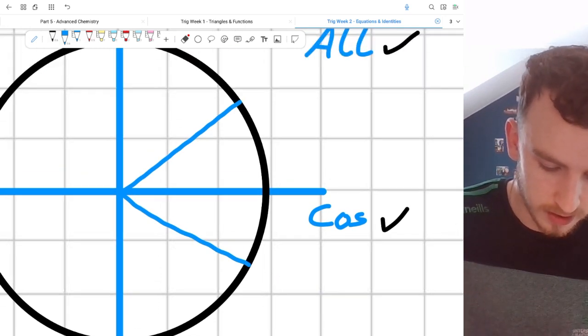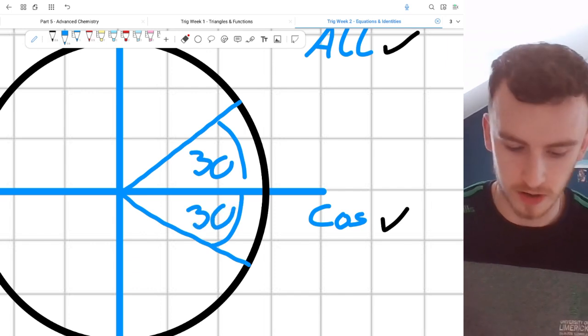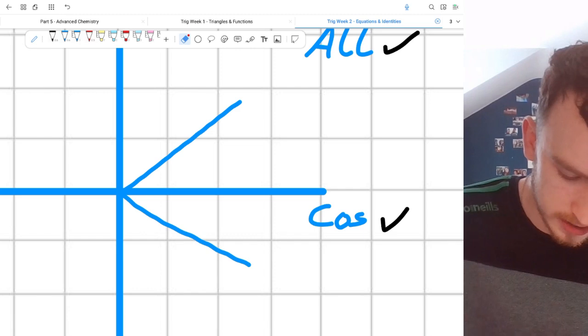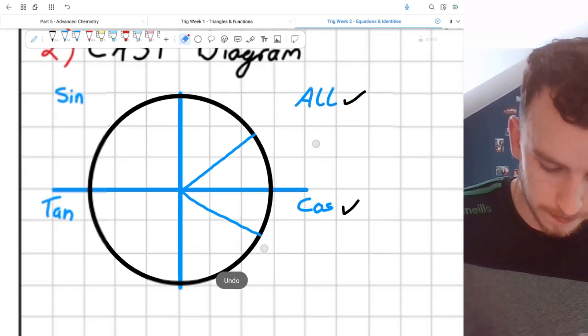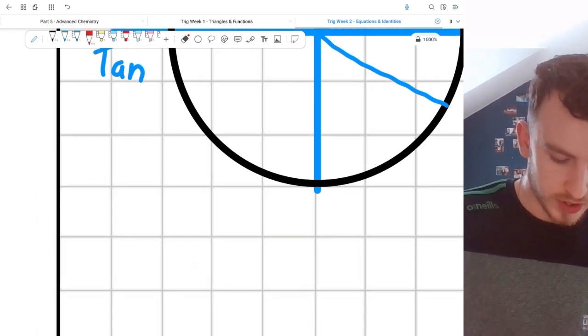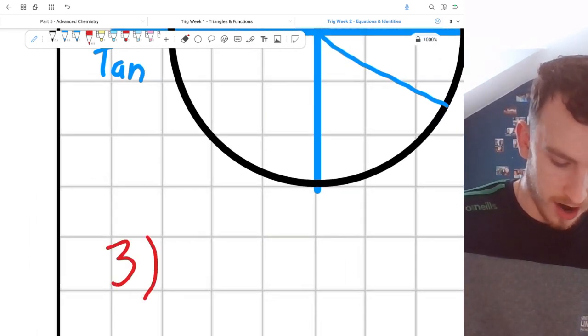So that angle is 30, and this angle is also 30. Okay, I'm going to write that out for next. So then step 3, we're going to get our answers.